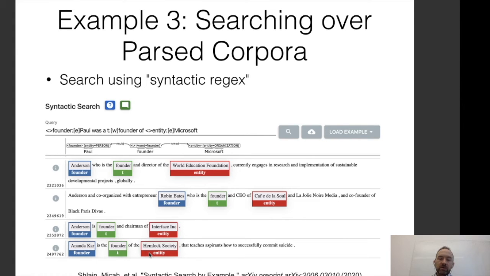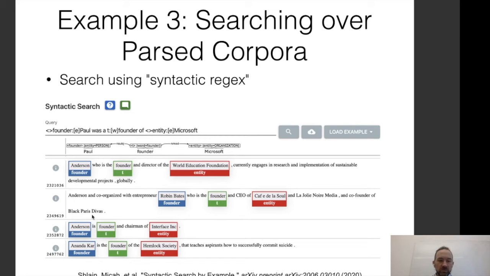Another example of something that you could do with dependencies is searching over corpora to find interesting phenomena that you would like to know for further analysis. So this is an example of syntactic search over corpora. So let's say you wanted to find an example of where a person was a founder of a particular organization.